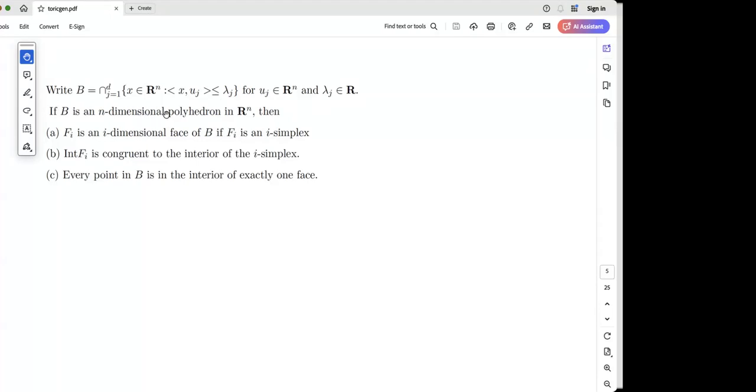If B is an n-dimensional polyhedron in R^n, then when F_i is an i-dimensional face, its interior is congruent to the interior of the i-simplex. And every point in B is in the interior of exactly one face.